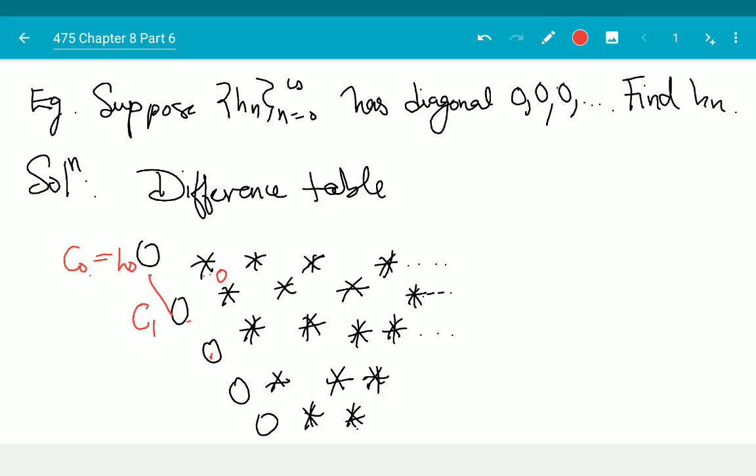By the same logic, this is equal to 0. Since these two are 0, this is equal to 0. Similarly, this is equal to 0, and this, and this. And every single term is equal to 0, right?